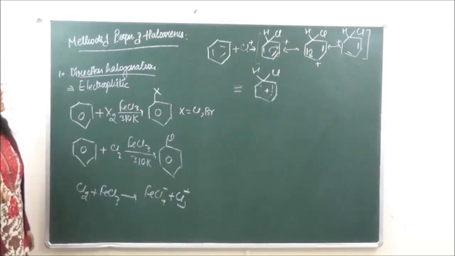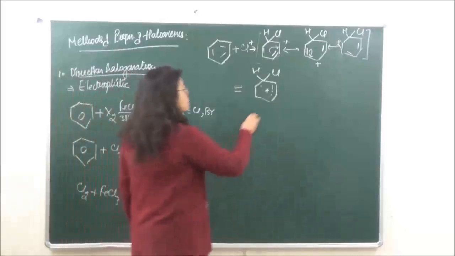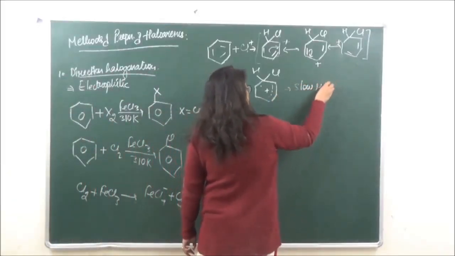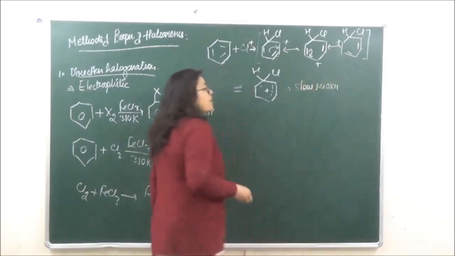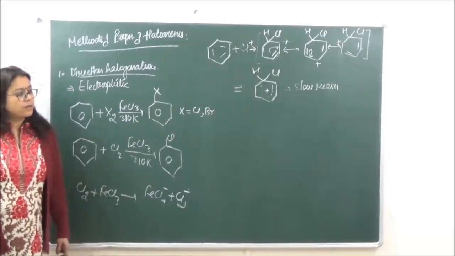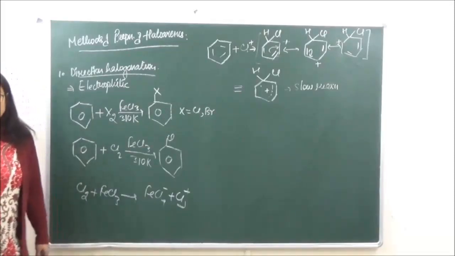Now it is seen that this reaction is going to be a slow reaction. This is the slow reaction and this is going to be the rate determining reaction over here, right? So this is the first step which is happening.